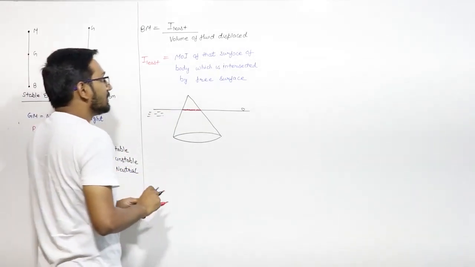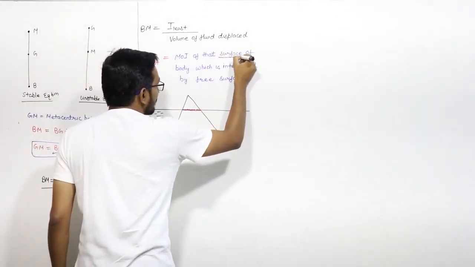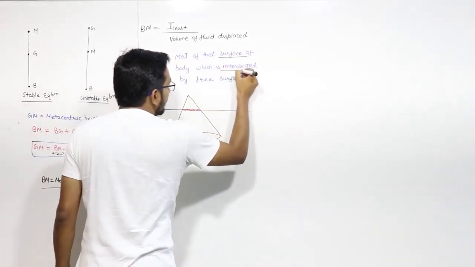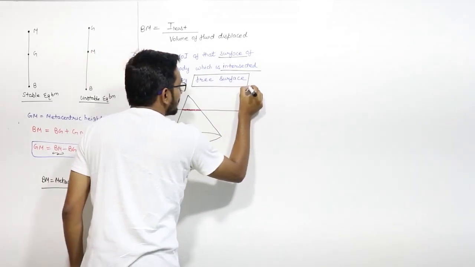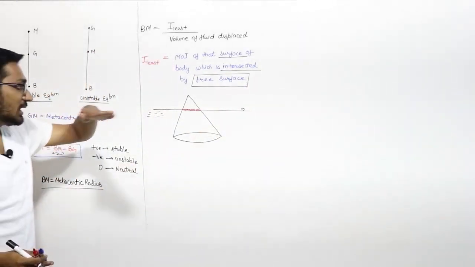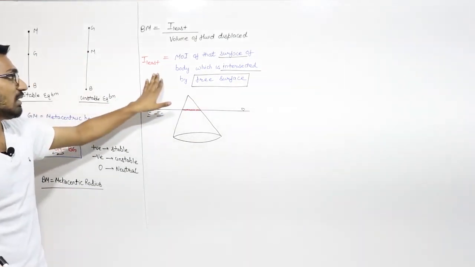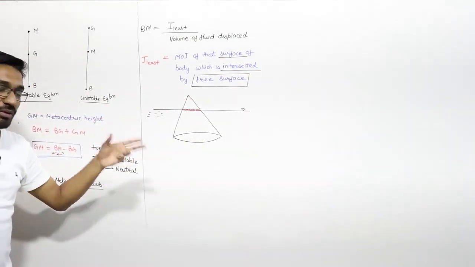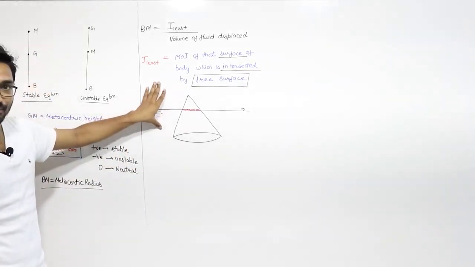The most important thing is that it is the moment of inertia of that surface which is intersected by the free surface, and out of those two moments of inertia, you take the least one.